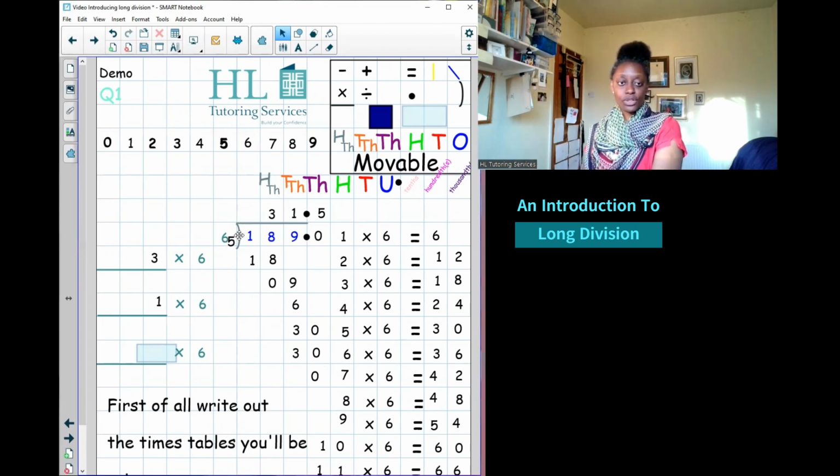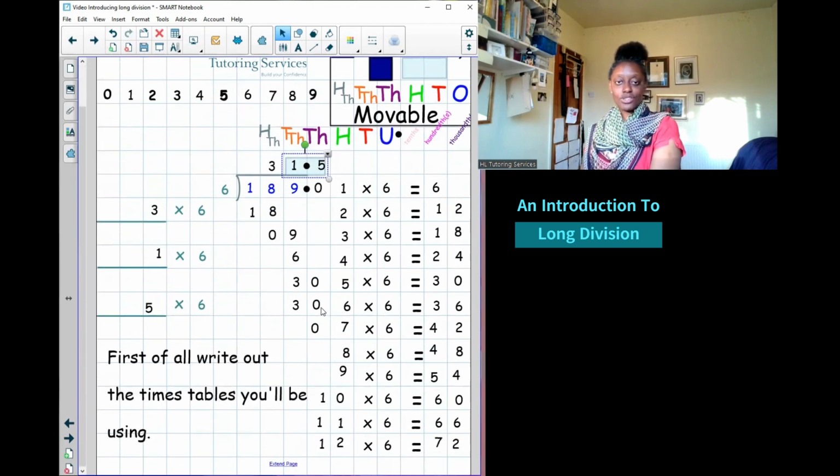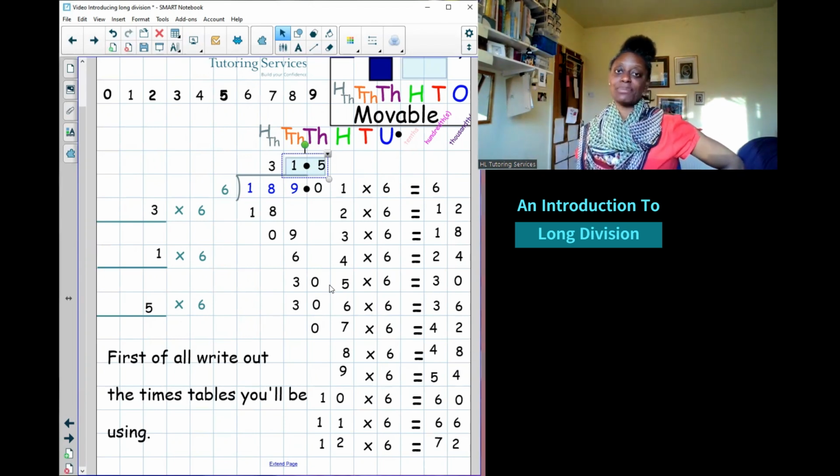So I have got 189 divided by 6, and the final answer is 31.5. So that's basically how you do it. So it does help to write out the tables when you're starting out.